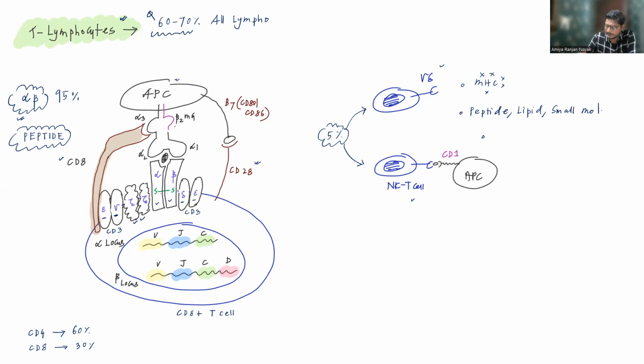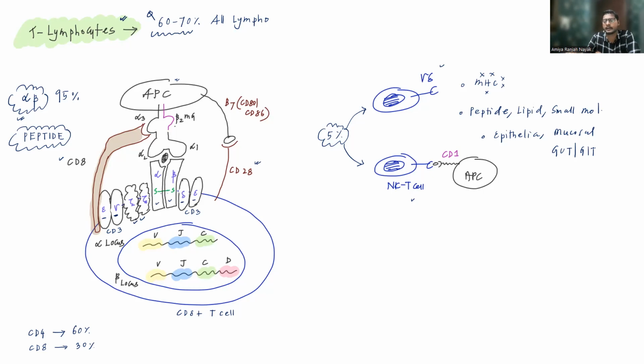They are present in the epithelia of the skin, and also the mucosal surfaces of the genitourinary tract and gastrointestinal tract. So gamma delta type T cells do not need MHC molecules to identify the antigens. They can identify peptide antigens like the alpha beta T cells, but along with that, they can also identify lipid antigens and small molecules.